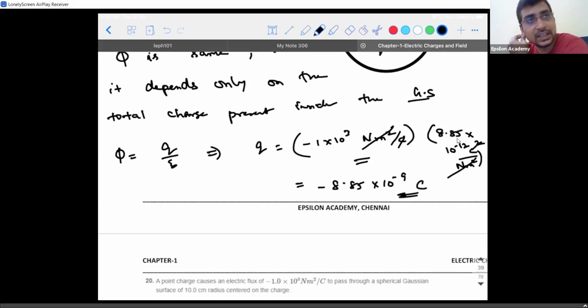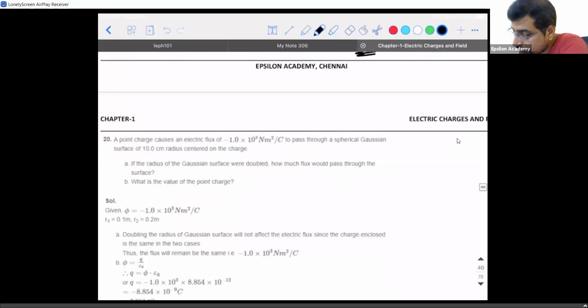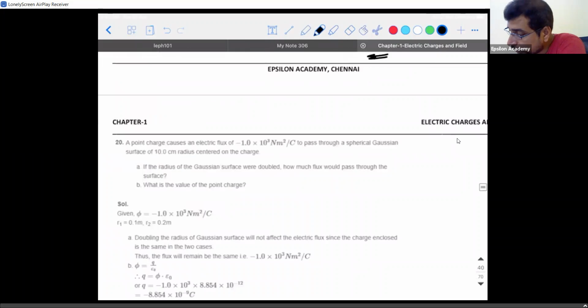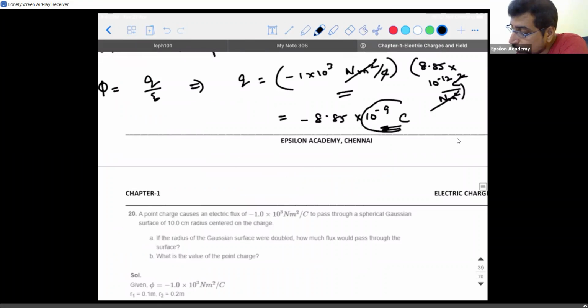So it is a negatively charged particle. That is why the electric flux is piercing into the Gaussian surface. Okay, it's a simple problem. 10 power minus 9 coulomb can also be written as nano coulomb, so it is about minus 8.85 nano coulomb.